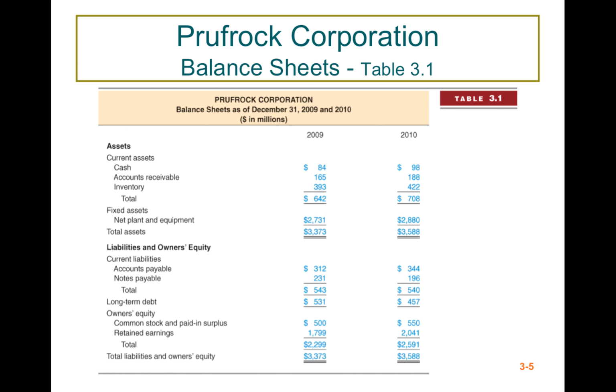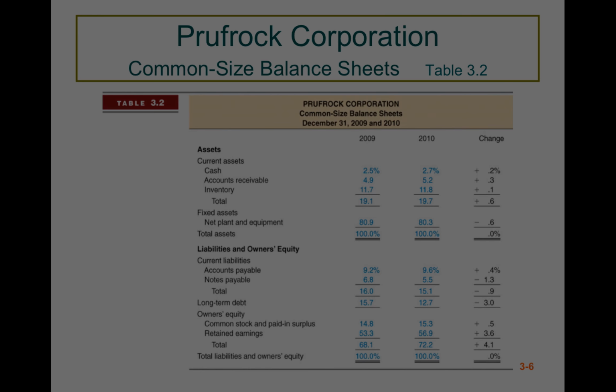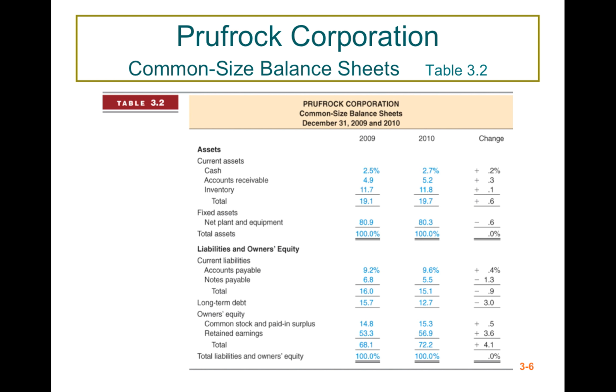You can see here you're looking at a balance sheet, and you can see the information from 2009 and then into 2010. When you look at it in terms of straight numbers, I don't know how you feel about it, but I don't feel as though it tells me as much as this does. The common size balance sheet, where you really get an idea of percentages.